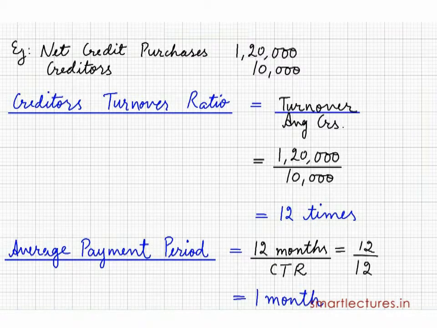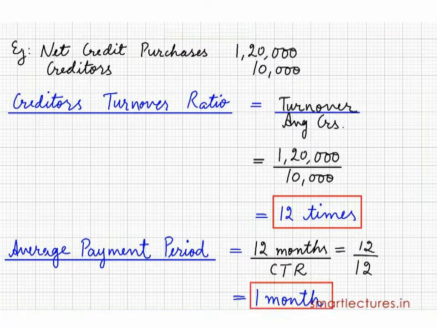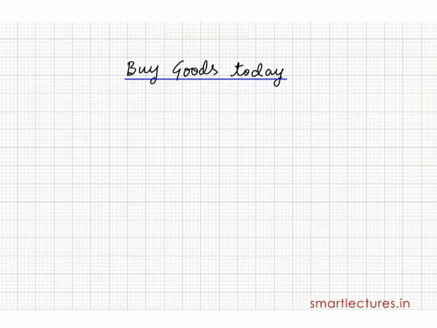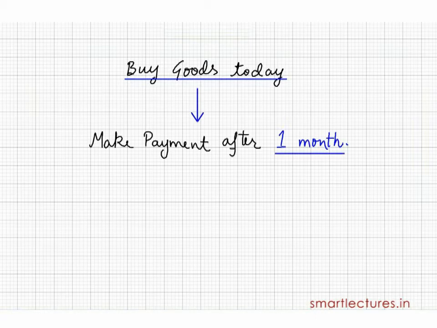It means 1 month. If the creditors turnover ratio is 12 times, it means average payment period is 1 month. It means if you buy the goods today, you make the payment to your creditors after 1 month. This is the expression of average payment period.